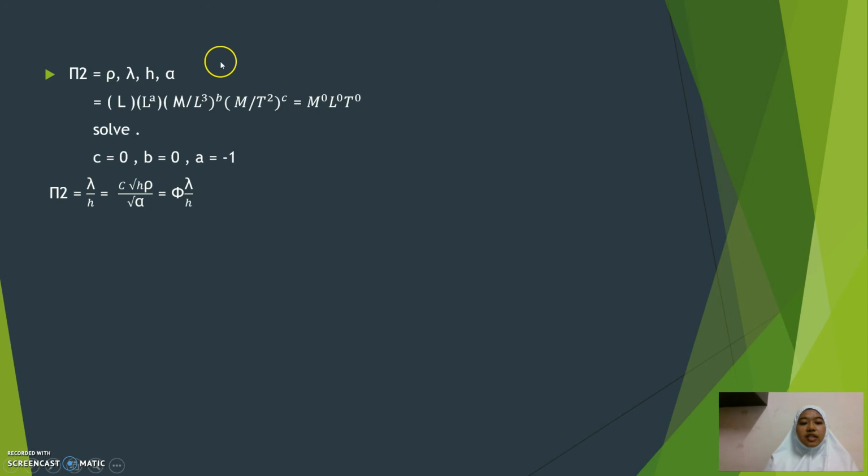From this equation, when we solve for a, b, c, we'll get c equals 0, b is also equal to 0, and a is equal to negative 1. So pi 2 equals lambda over h, as we have cancelled out everything. So it will be something like this. So this is the answer. So that's all from me. Thank you.